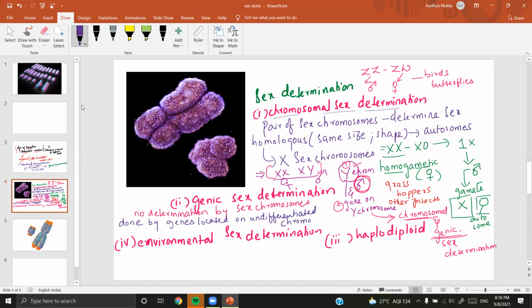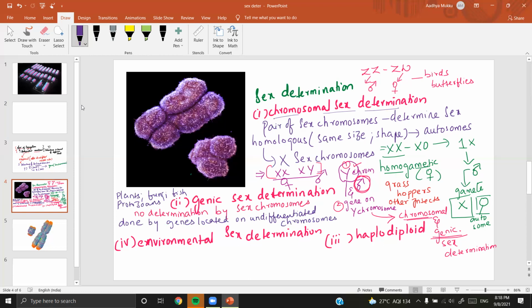So if it's being done by the genes, we call it genic sex determination, where you can see examples such as plants, fungi, and protozoans. These are the examples for sex determination through the genic process. And even fish also, we can take as an example here.